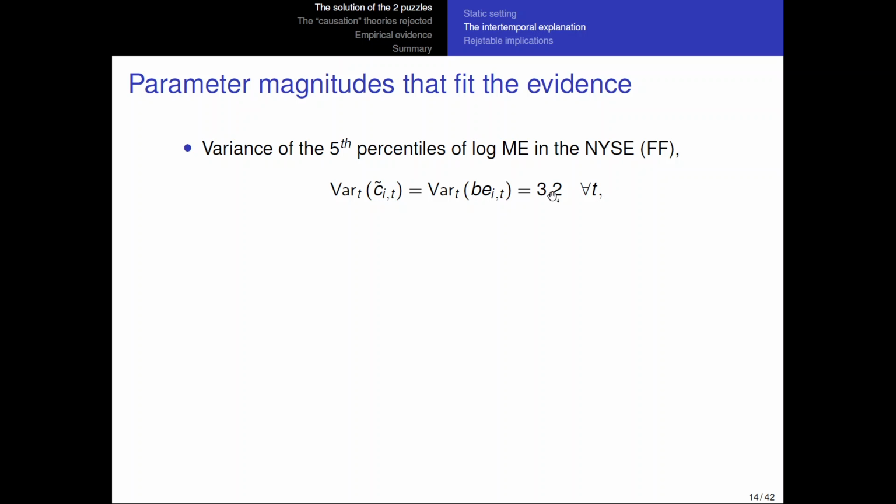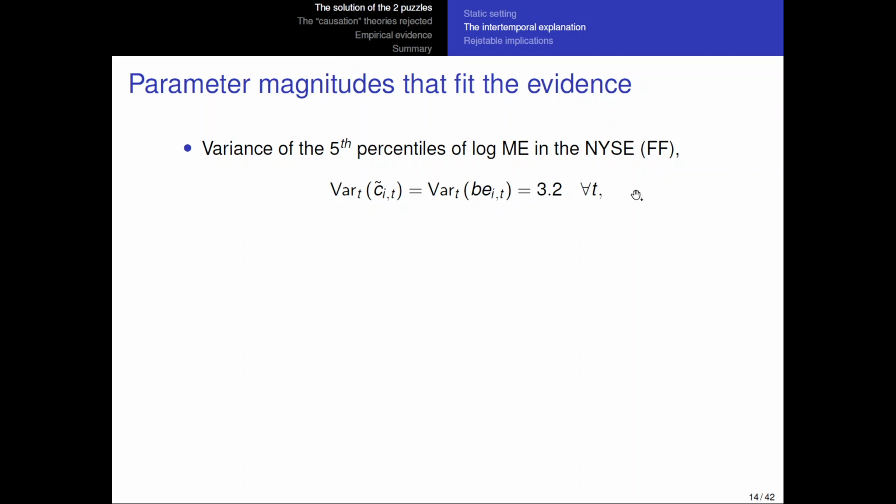Why 3.2? Because if you take the fifth percentile, the market equity breakpoints in Fama and French, on Kenneth French's website, take the log, take the variance, and take the average of the variances each month, you're going to find 3.2.